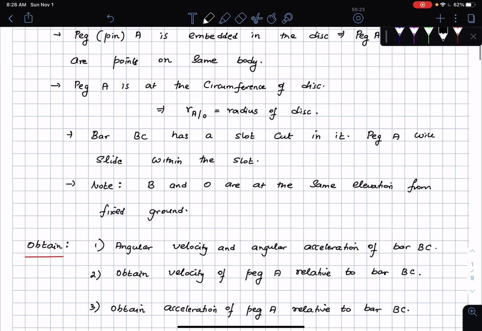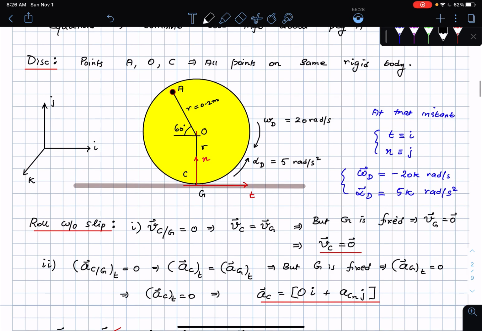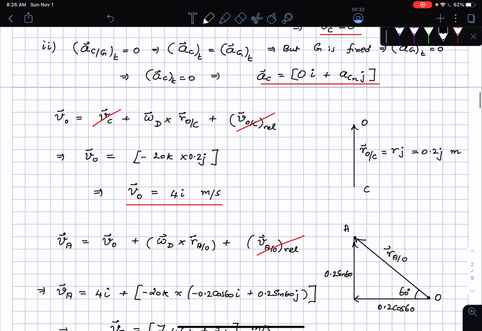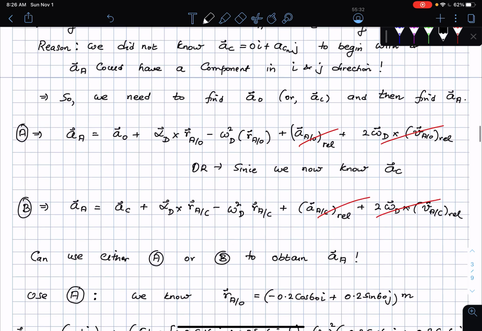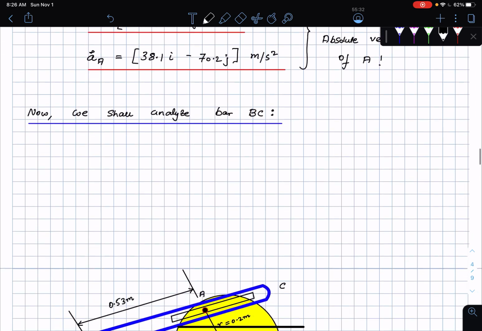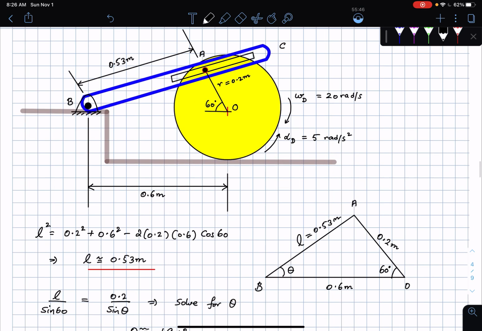So my first strategy is to look at only the disk, obtain the absolute velocity of A and absolute acceleration of A, using the idea of rolling without slip. That's all that we have done here. Okay, I obtained velocity of A, then the acceleration of A. Then after analyzing the disk, we now analyze the bar BC. For the bar BC, I need to do some geometry, cosine rule, sine rule.